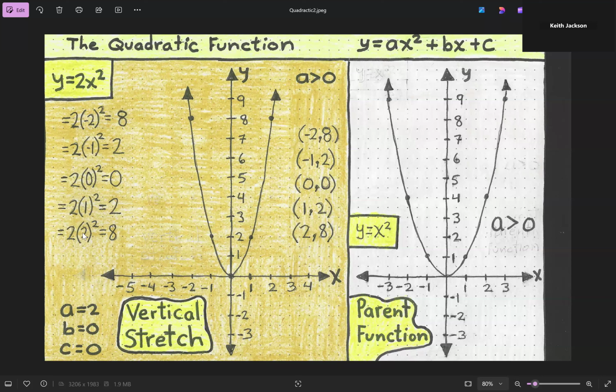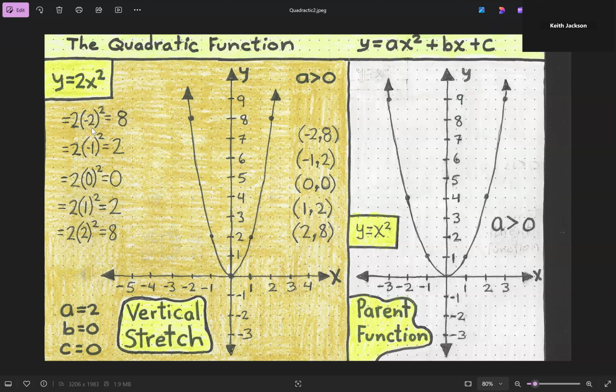So 2 squared gives us 4, and 2 times 4 gives us 8. As you notice, when we compare x to its y value, it goes all the way up to 8, as opposed to the parent function, when we squared the 2, it went up to 4. The reason is that we multiplied it by 2, because a now is greater than 1, which is causing this elongation of the parabola.